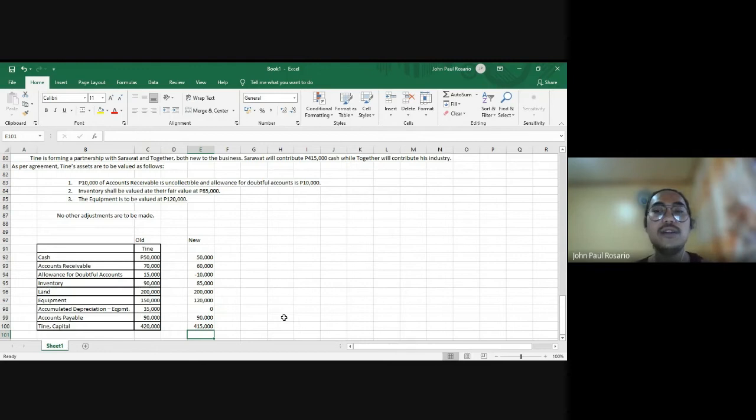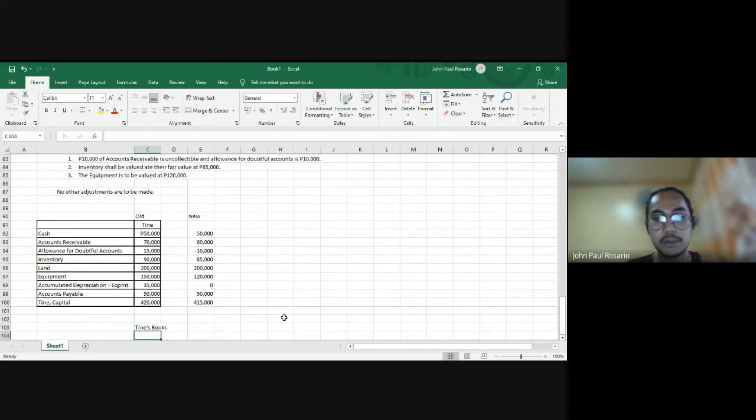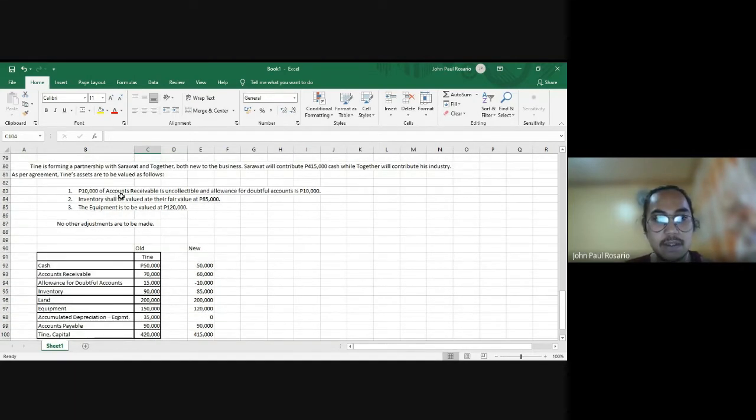So with that, again, we cannot do the direct entry to the partnership because we still have to adjust first the books of Tyne before we can proceed with opening the books of the partnership. So we go directly to Tyne's books. It says 10,000 of accounts receivable is uncollectible.